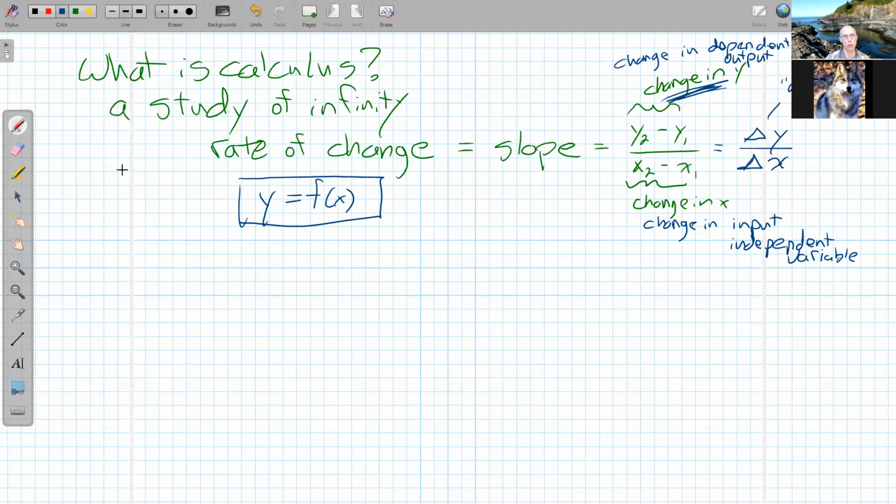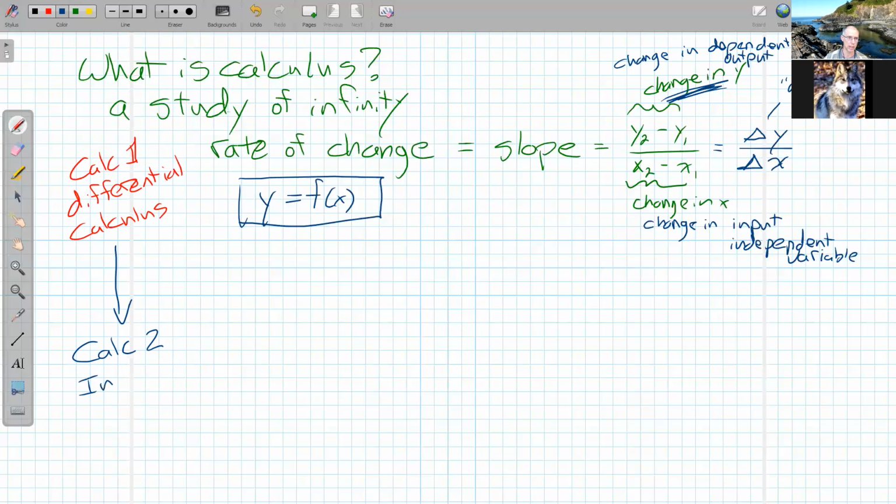So this is Calculus 1. This idea is called differential calculus, and that's Calc 1. So Calculus 1 is this study right here. It is called differential calculus. And it goes hand in hand with kind of a reverse idea, which is Calc 2, integral calculus. So just a quick note, we looked at yesterday, we'll look at least one more example today called integral calculus.